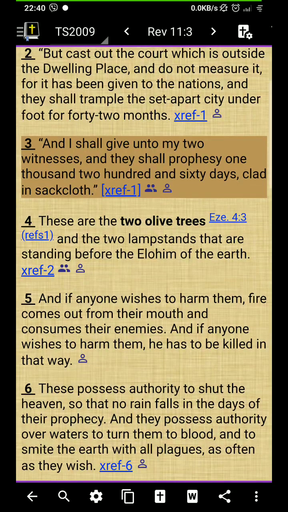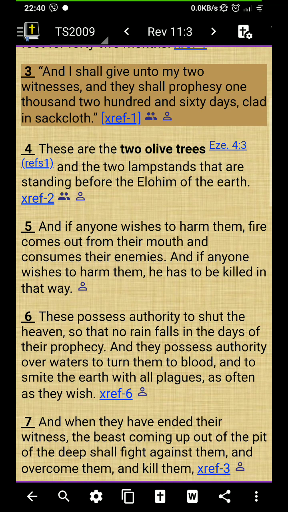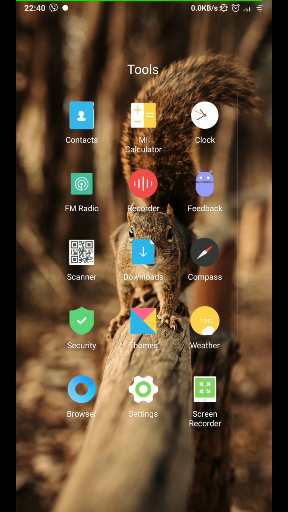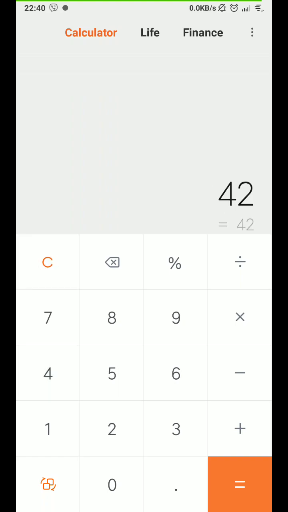And we also know that in other places it says 42 months. So if I now go to the calculator and multiply 42 by 30, we'll have exactly 1,260, which is equal to 42 months, which is equal to 3.5 years.